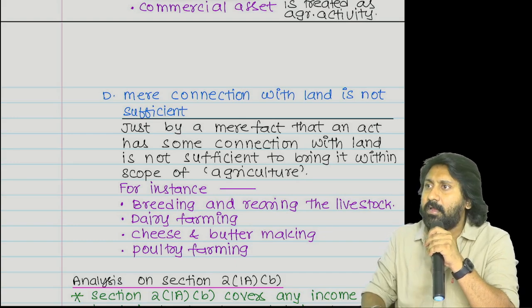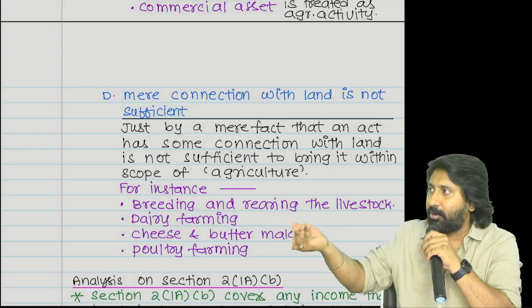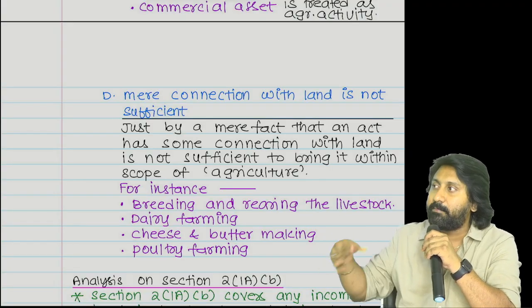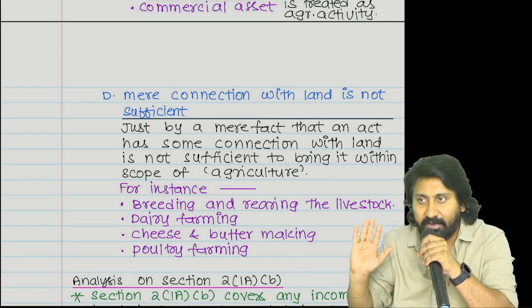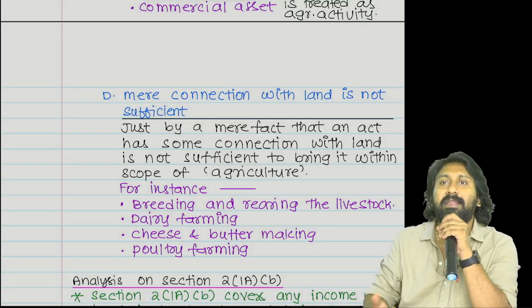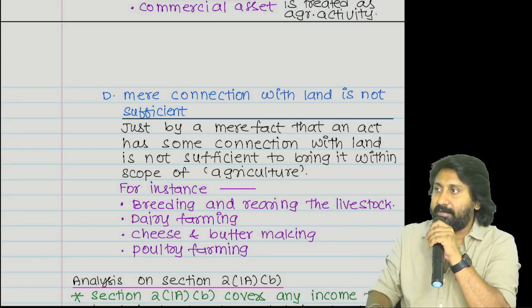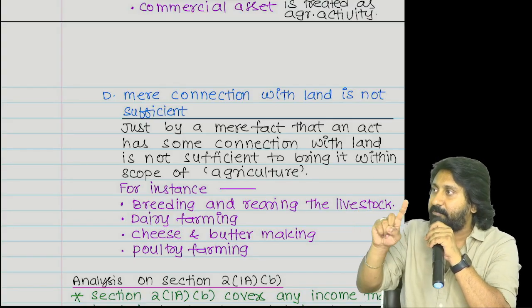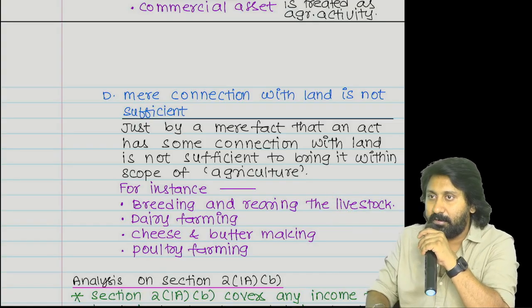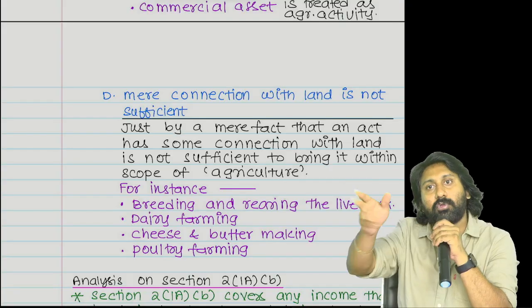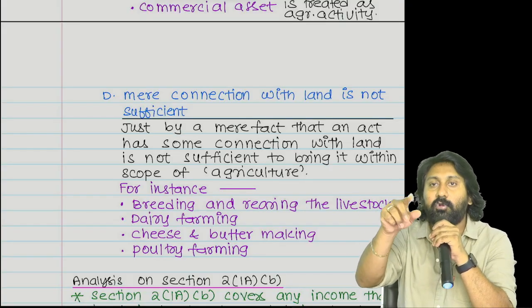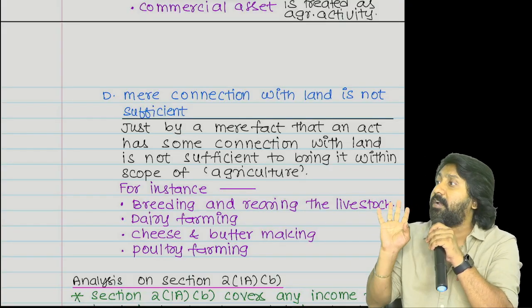Now you answer. What will my cows do? Dairy. What will my bulls and oxen do? Work on the agricultural field. Clear? I sold 100 livestock, 50 bulls and 50 oxen. Understood? Each I sold at 10,000.